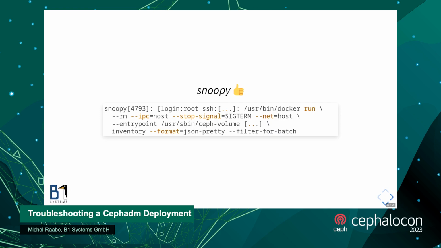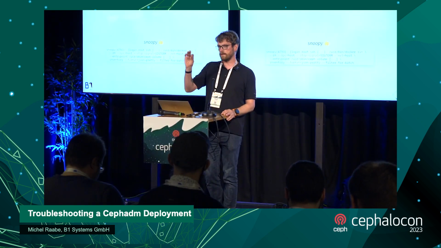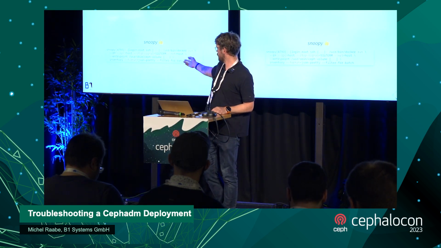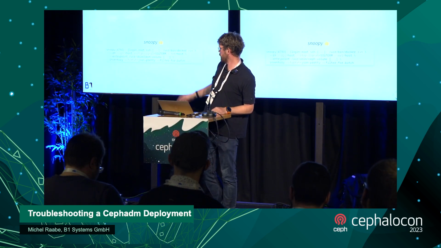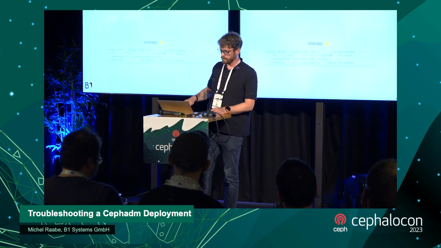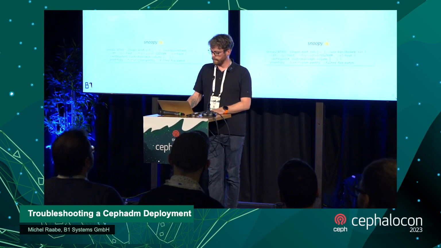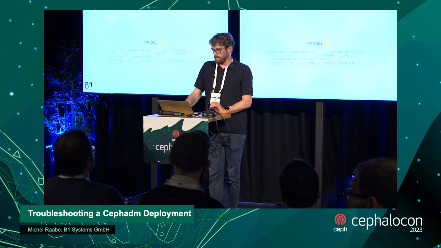So this is the first glimpse of what's going on inside a host. Otherwise you only see that it's scheduled to refresh. And now we see, okay, there are the containers fired up with the Ceph volume tool, inventory, and the output is JSON. Okay, it's okay. But it's getting better.